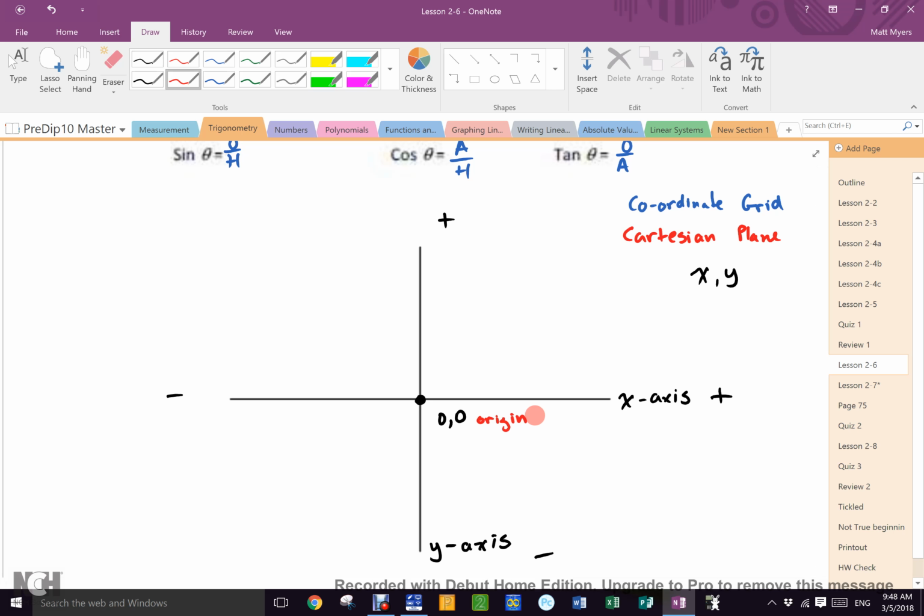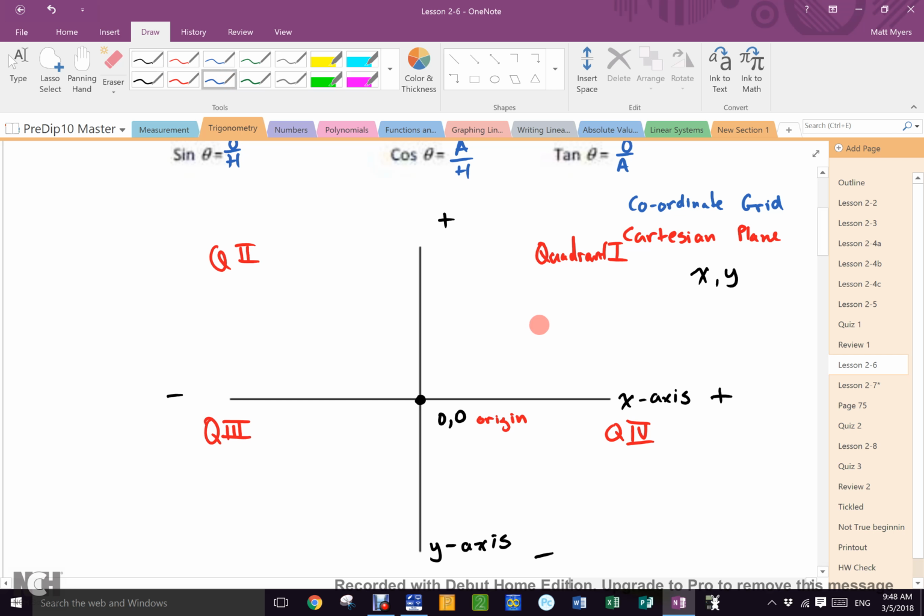Yeah? Okay, now, you can quite plainly see that the Cartesian plane is divided into 4 pieces. Those 4 pieces are called quadrants. This is quadrant 1. This is quadrant 2. This is quadrant 3. And this is quadrant 4. Everybody cool?